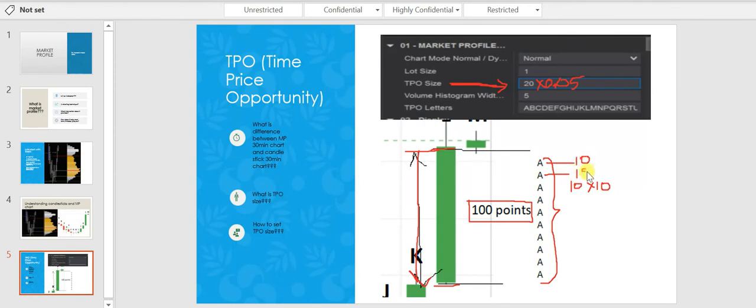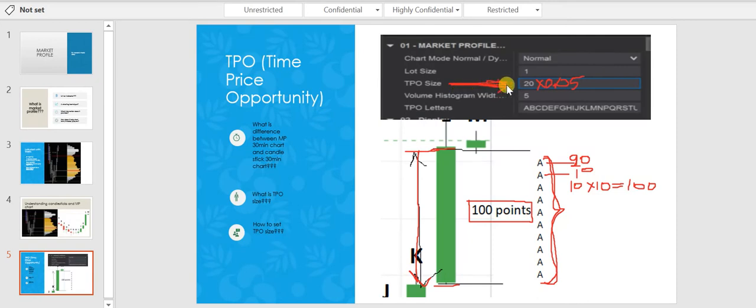That is the reason all these 10 A prints total 100 points. This won't always be the same. It is currently 10, but it could be 20, 30, or 5. It depends on the TPO size.